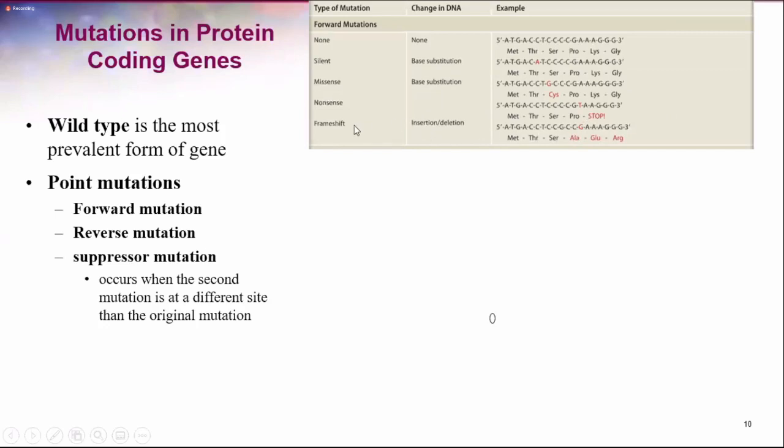Then you can have what we refer to as frameshift mutations. This happens due to the insertion or deletion of individual bases. We can start comparing this sequence to the original sequence, and we notice that the first codon is the same, second is the same, third is the same, and fourth is the same, but there is a G inserted before the fifth.